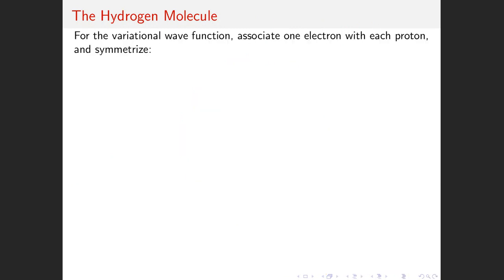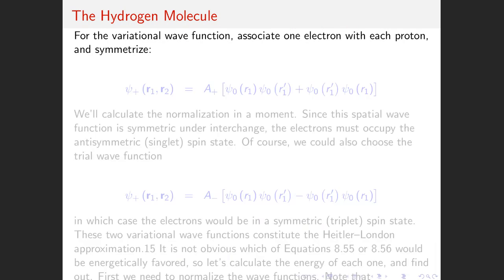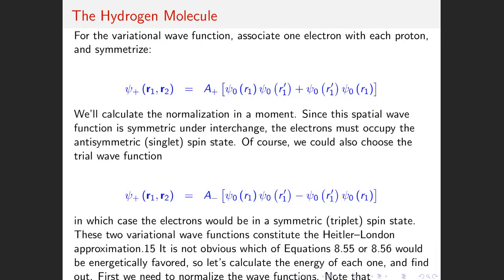So if I went ahead and do that, it's this one, right? But you've symmetrized it. However, you don't really know whether this sign there will be plus or minus.